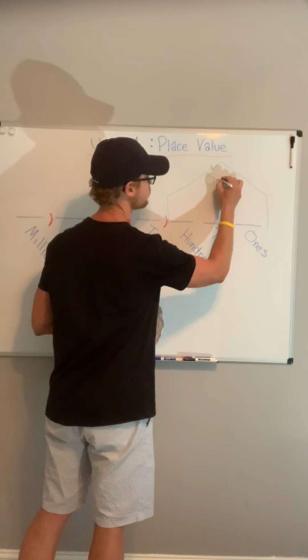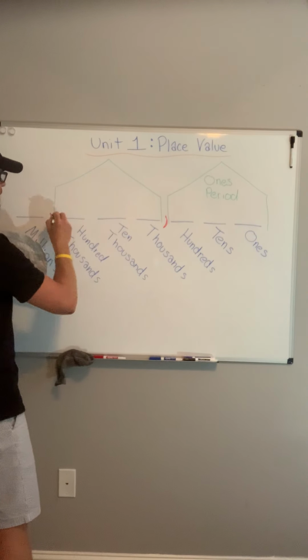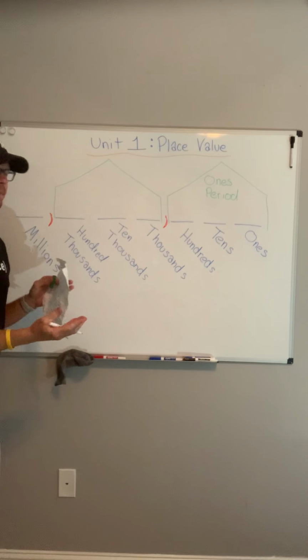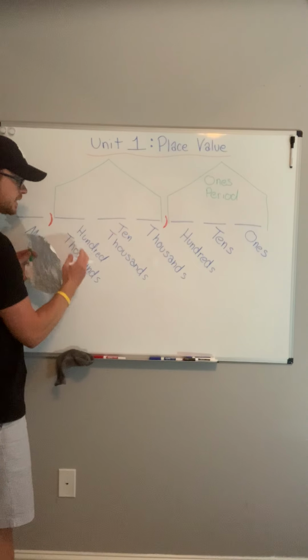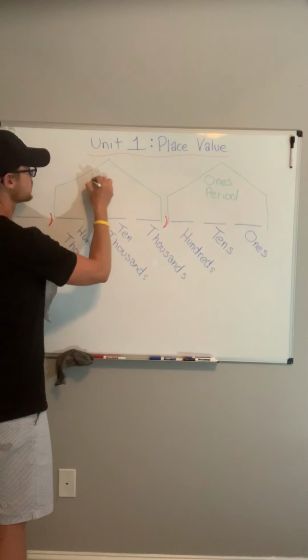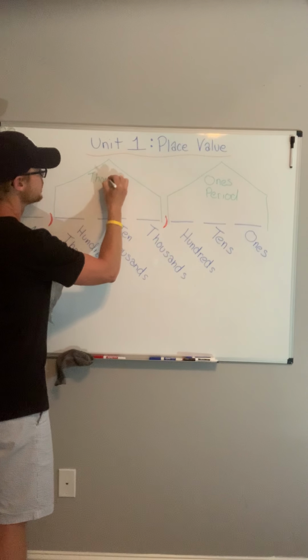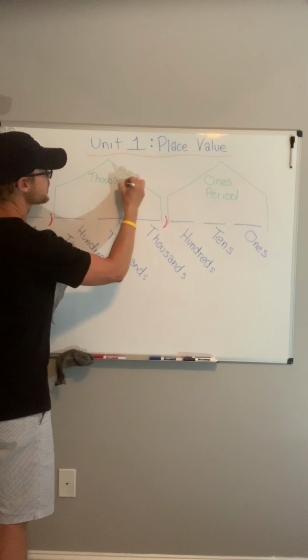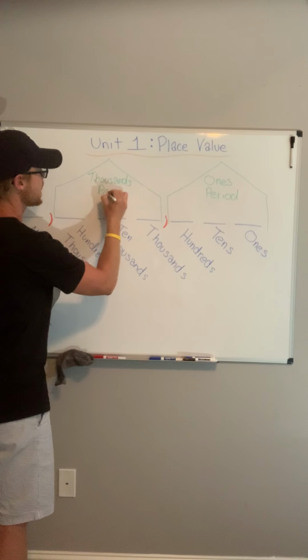Okay, the second 3 place values, we're going to group them together. We'll draw a little house. Well, let's think about this. If we have the thousands, 10,000s, and 100,000s, that's going to be the thousands period, because all the place values in here are in the thousands. So I'm going to call that the thousands period.